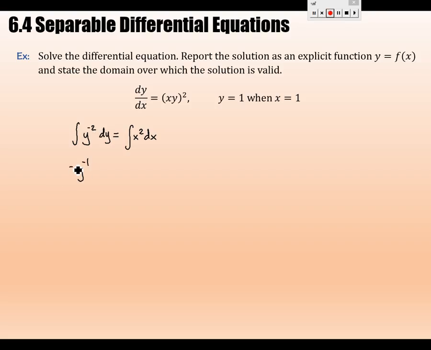Y had a negative first, throw a negative there maybe, right? Alright, the calculus is becoming the easy part on some of these, right?